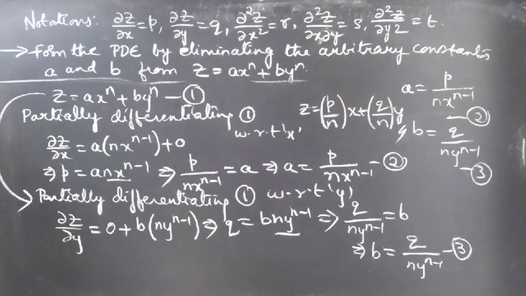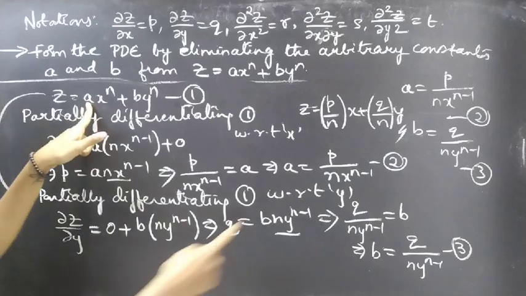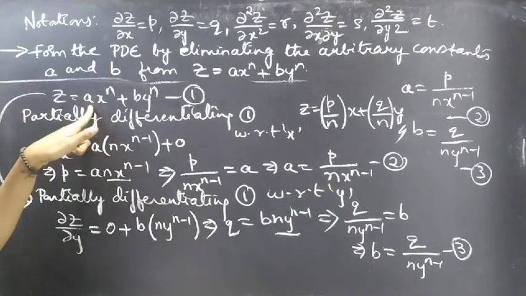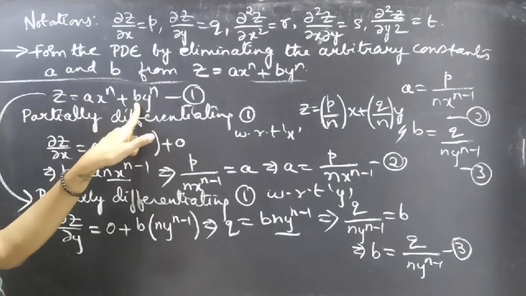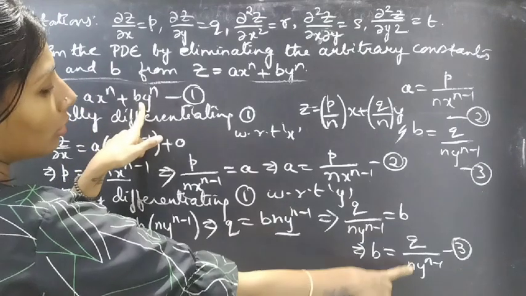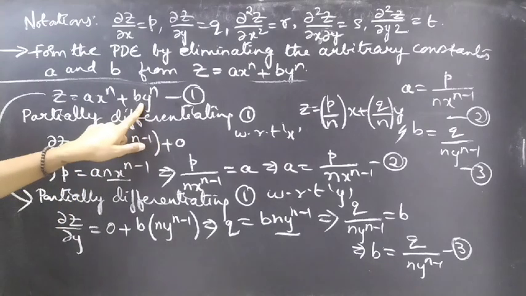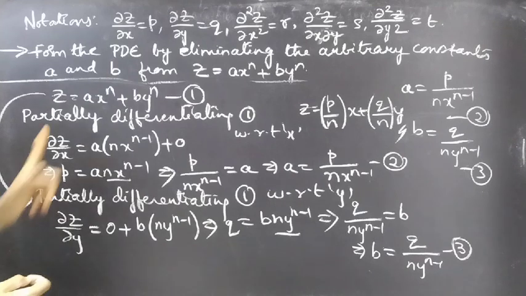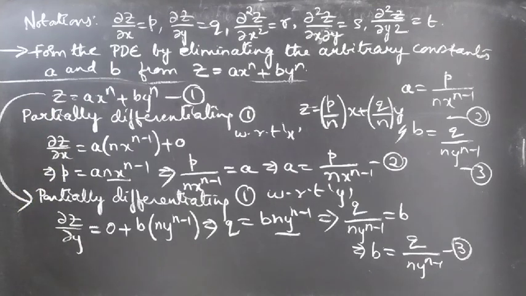Now just observe 1, 2 and 3. By replacing a by p by n into x power n minus 1, a gets eliminated in equation 1, and here by replacing b by q by n y power n minus 1, b gets eliminated from equation 1, right? So let's replace a, b in 1.